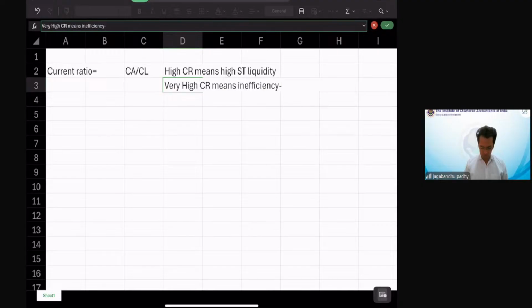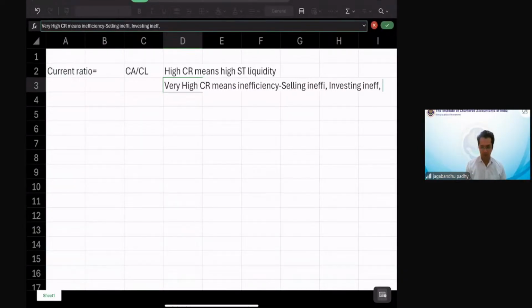That could be due to selling inefficiency, if you're having a high level of stock. It will also indicate investment inefficiency, because if you're having a good amount of cash but you're not able to invest it, you're facing investing inefficiency.